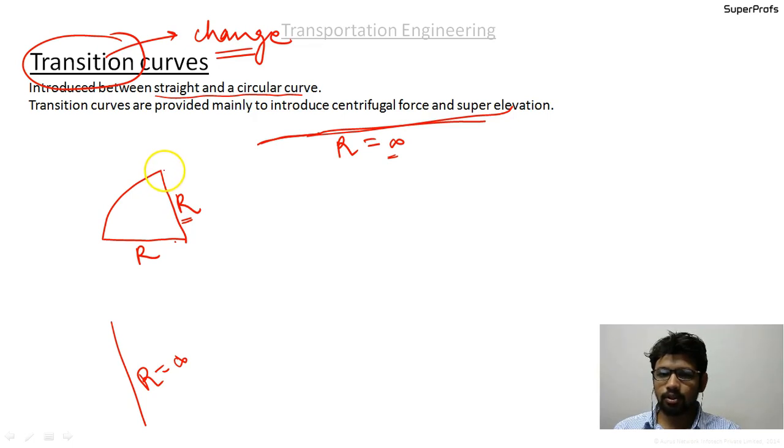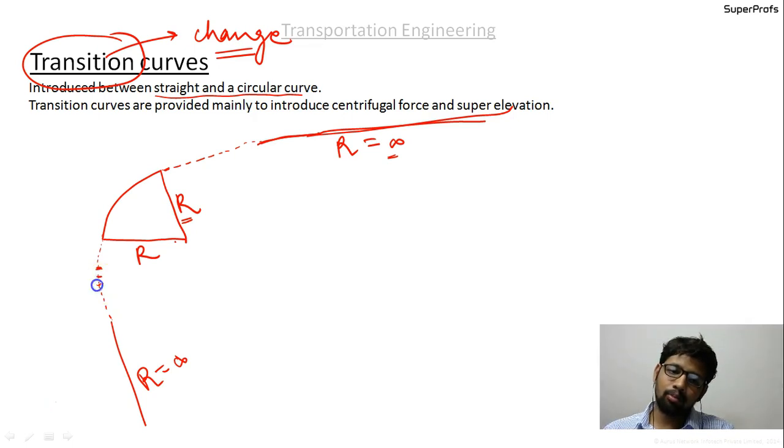So there comes into play this transition phase. I am not able to draw it properly here, guys, but these are known as the transition curves. Here the radius is r, here the radius is slightly greater than r, still more greater than r, greater than the previous one, and finally at the straight road the radius becomes infinity.